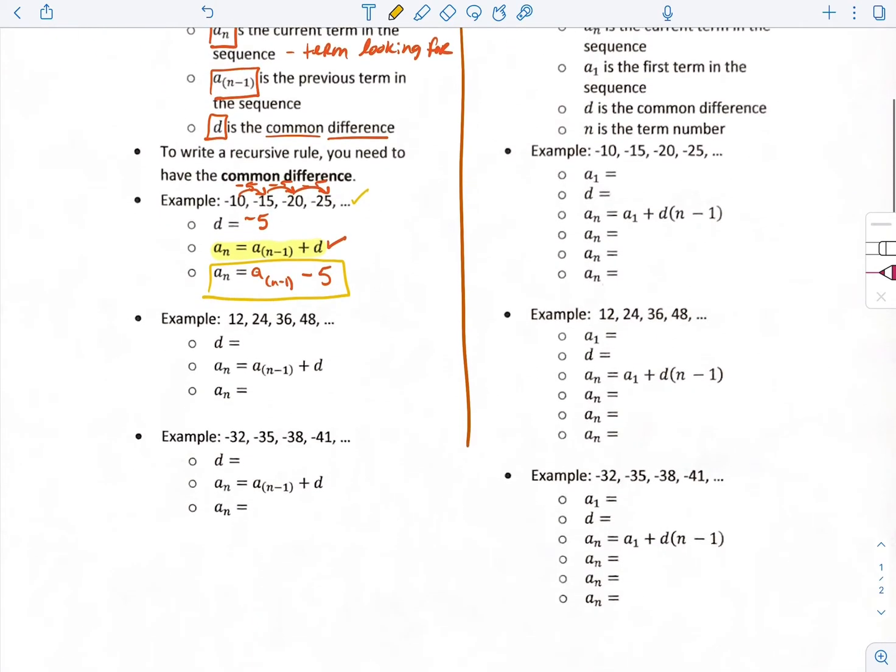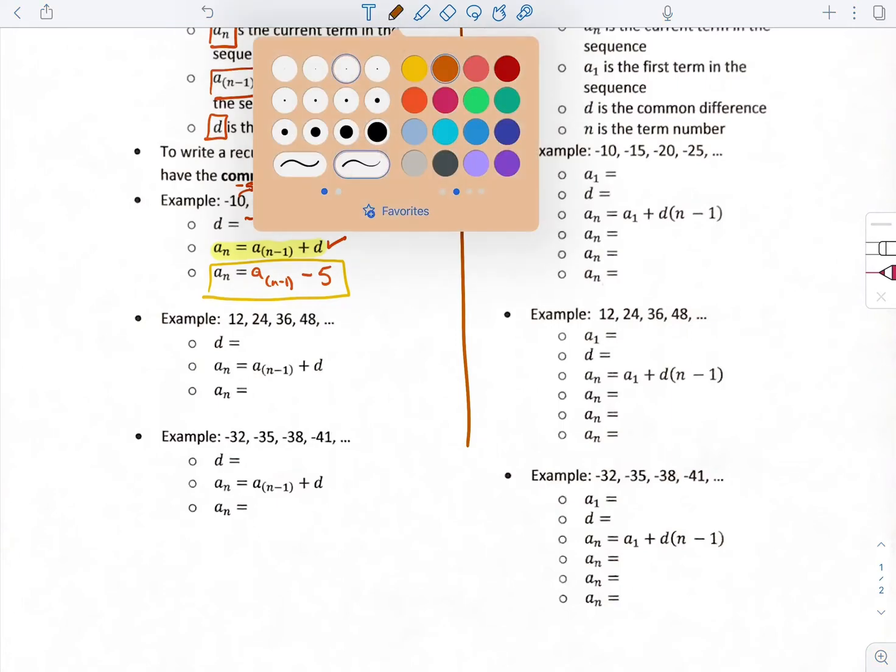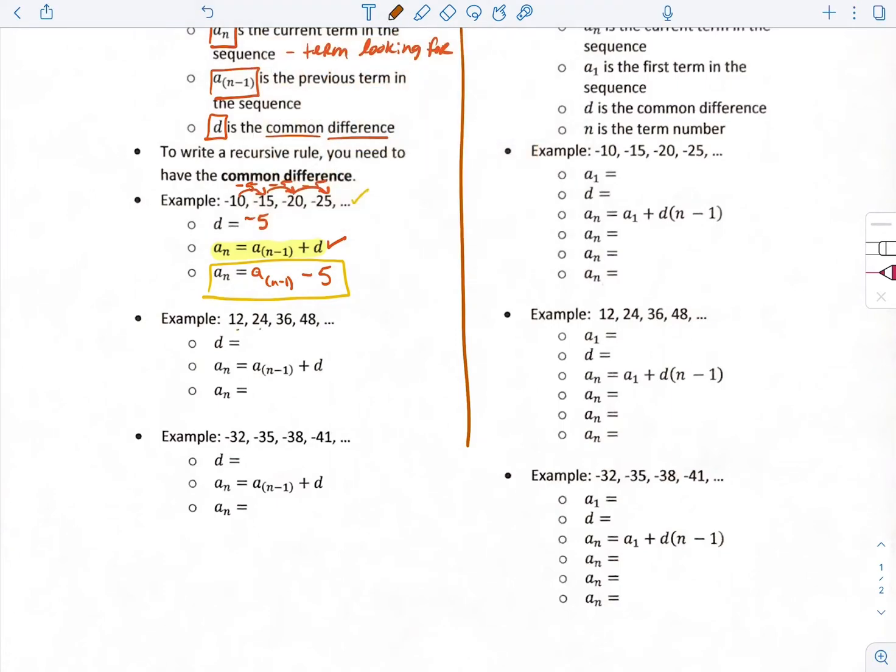All right. So let's say we're asked to write a rule for this next example: 12, 24, 36, and 48. Note that we're increasing by 12 each time. So that's our common difference.